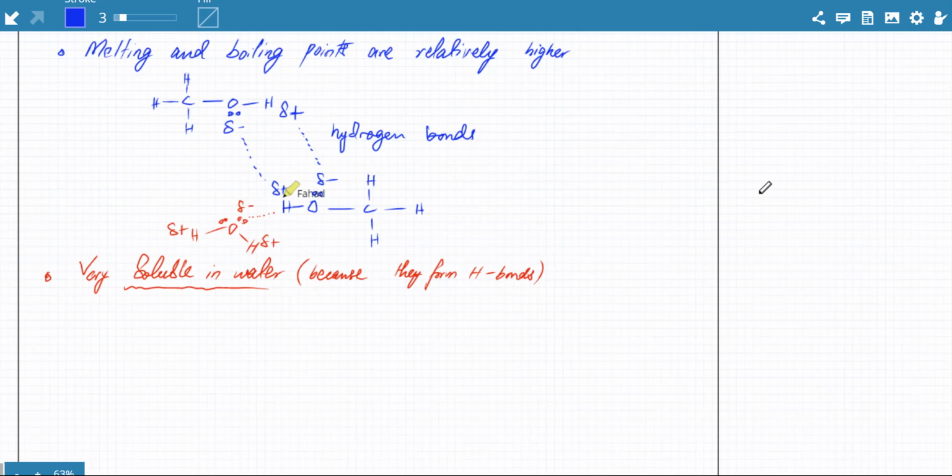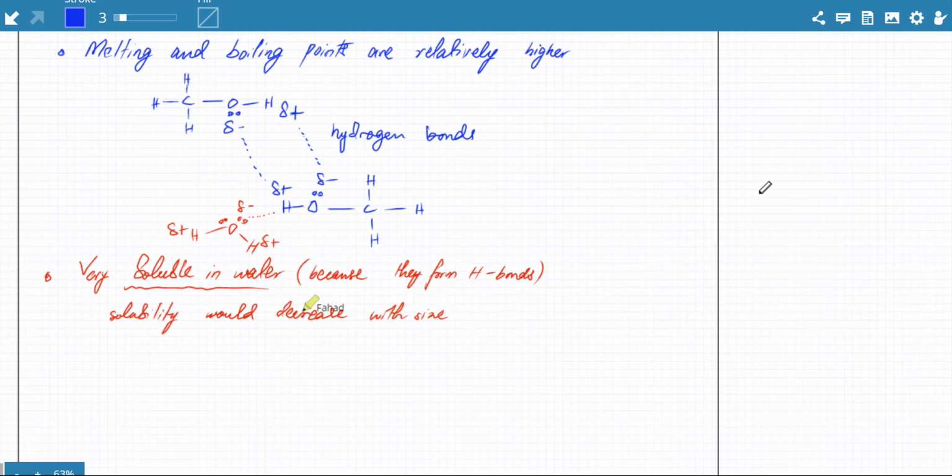So it's going to be very soluble in water, and the solubility would decrease with size. अच्छा, why does it decrease with size?